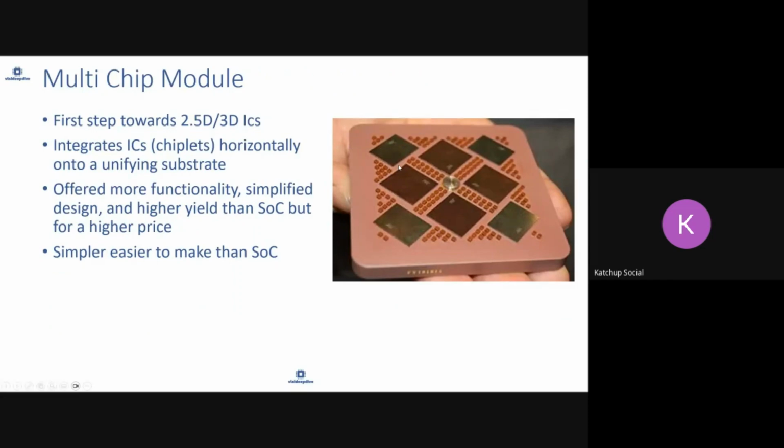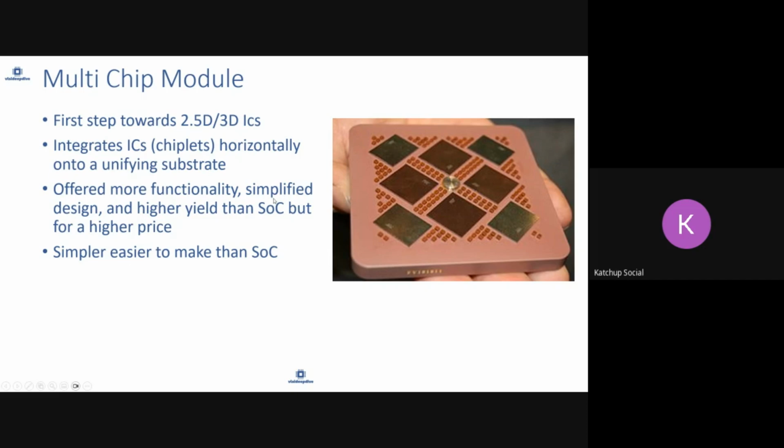Before system on chip came on board, or around the same time, the first step toward 2.5D or 3D ICs was something known as multi-chip module. This is still horizontal. Everything is horizontal, but it used to integrate ICs, also known as chiplets, horizontally on a unified substrate. So there is a unified substrate, and on that all the ICs are integrated and connected.